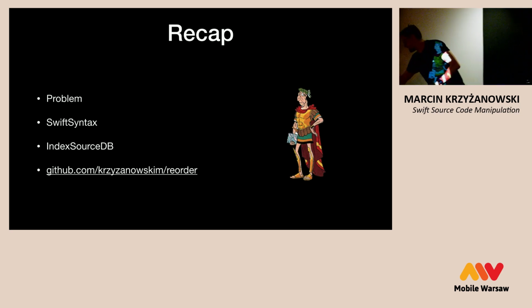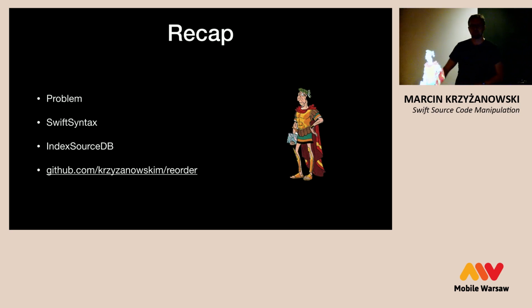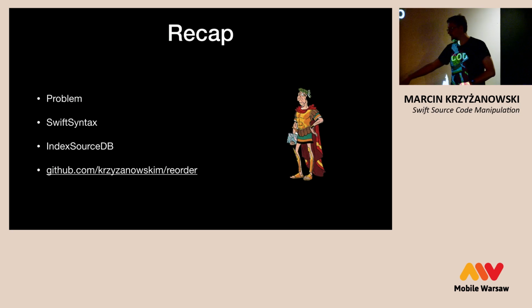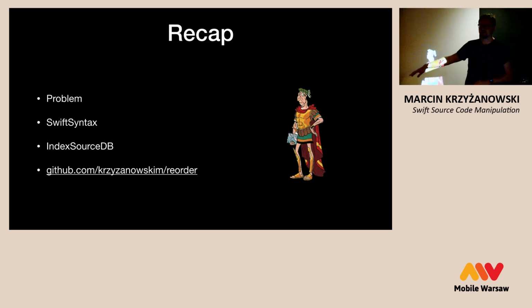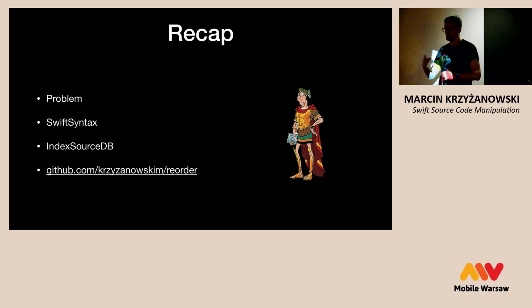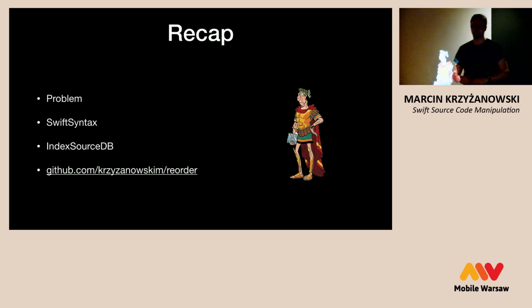And there's a GitHub repository where you can clone and start playing with that and write your own Swift format tool. Because remember, this swift-format that will be part of Swift, the official tool, is based on Swift Syntax. So if you want to contribute to that, this project is a very good playground where you can start.